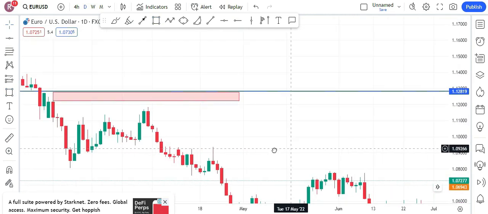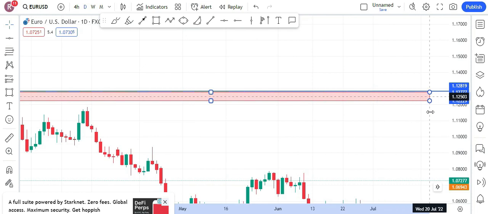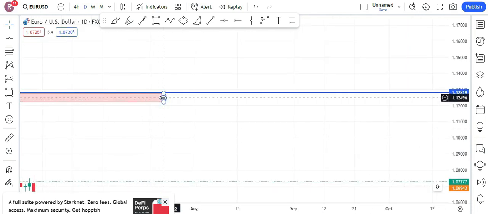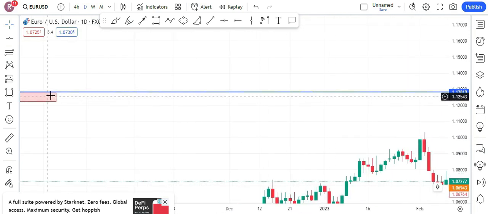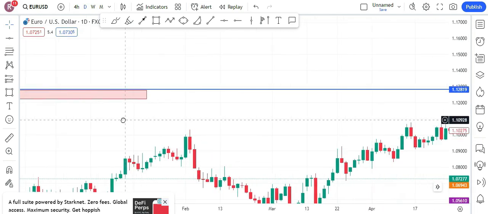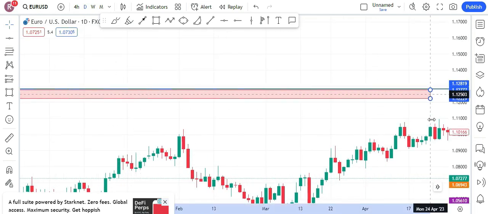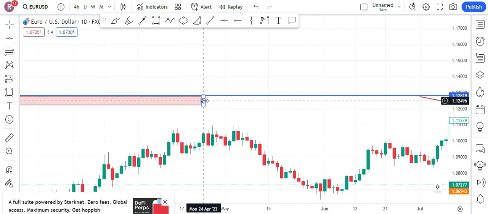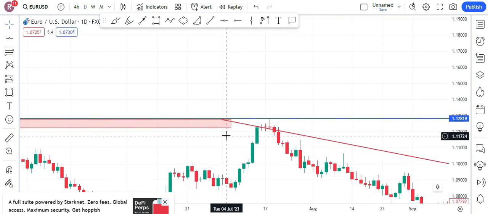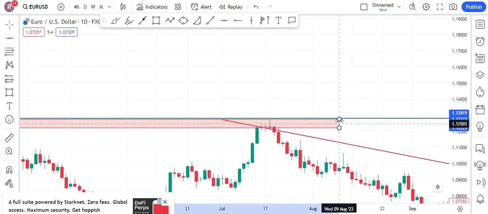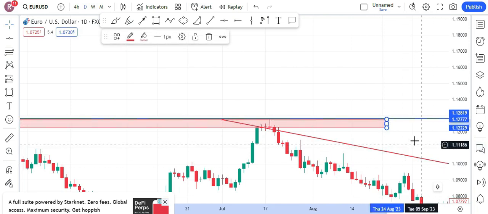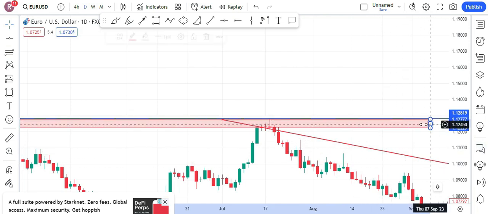Let's enlarge it a little and draw it. So this daily double top has pushed the price down on the downside. This is the thing.